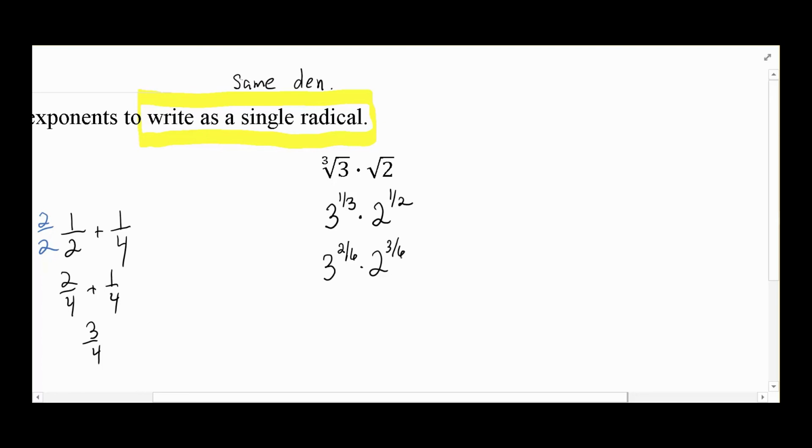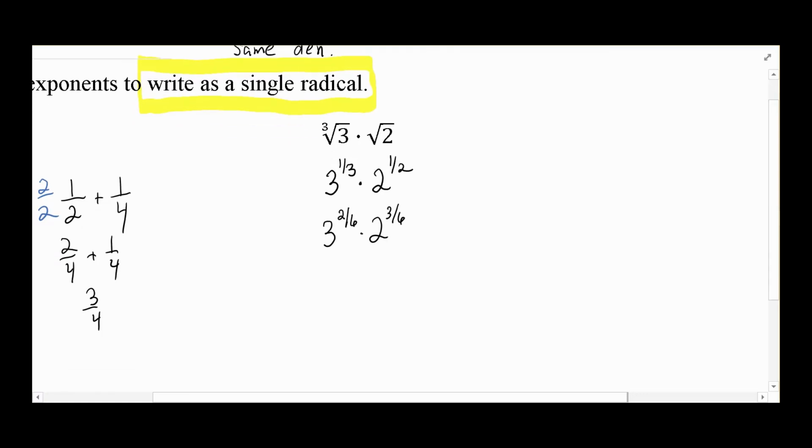And now comes a step that we haven't done yet, even though it's perfectly legal, is we're going to take that denominator of 1/6 and we're going to apply the power over a product rule in reverse. Remember, the power over a product rule is the one that says if I have xy to the a power, then that's x to the a, y to the a.